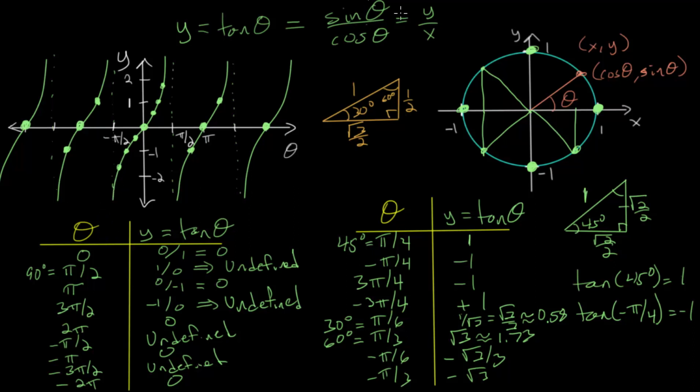And this should make sense because as we move along the unit circle and get closer and closer to pi over 2 radians, notice that the x value gets smaller and smaller, the number we're dividing by, and the y value gets bigger and bigger. So this ratio starts to approach very large values as the angle approaches pi over 2, but it can't equal pi over 2 since this denominator will be 0.